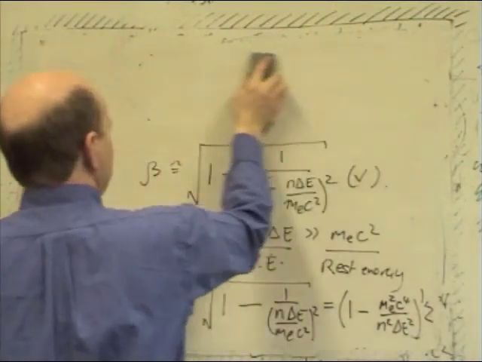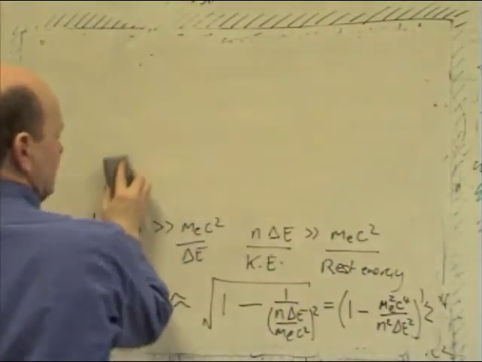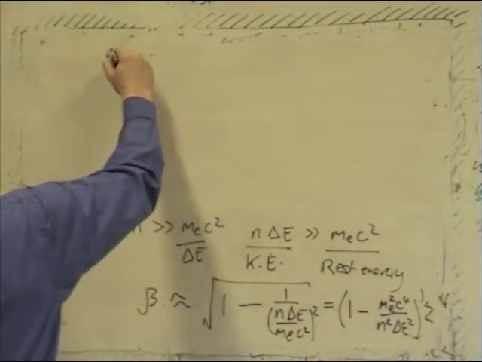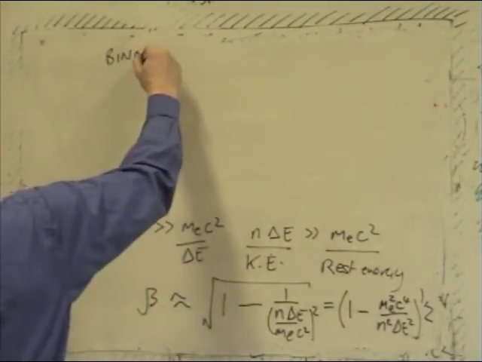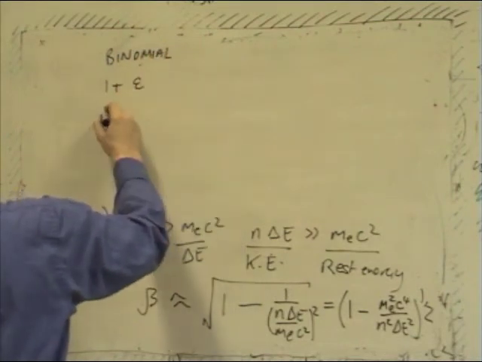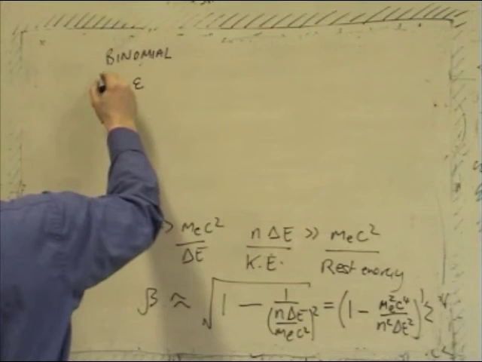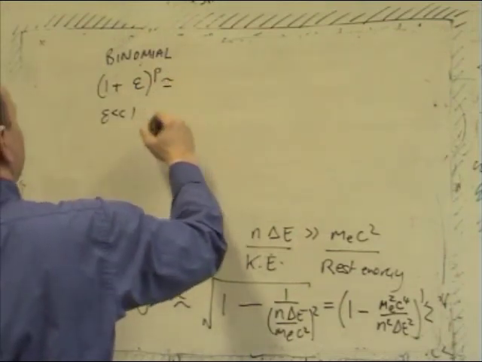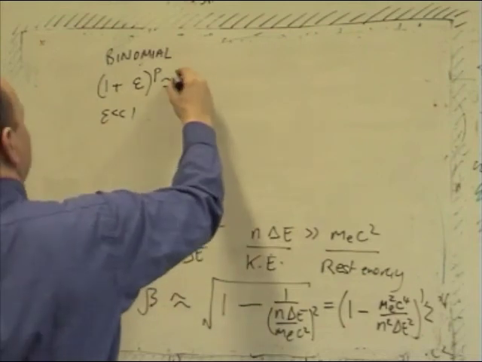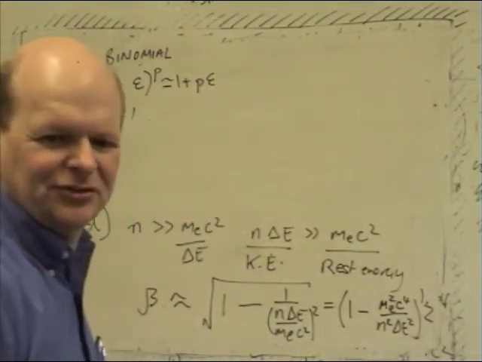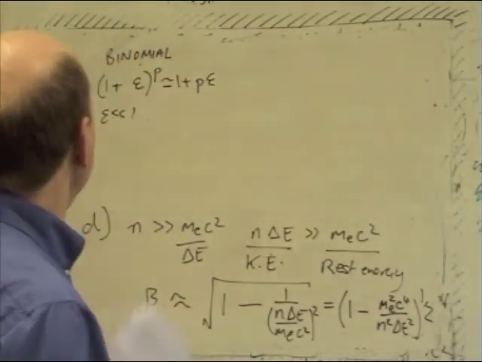Now you might remember from the binomial expansion from maths, I hope you remember this, if you have 1 plus a small quantity, so epsilon is much less than 1 in this case, all to the pth power, then to first order in epsilon you can write this as 1 plus p times epsilon. That's one of the most important approximations in physics, so please try and remember it.